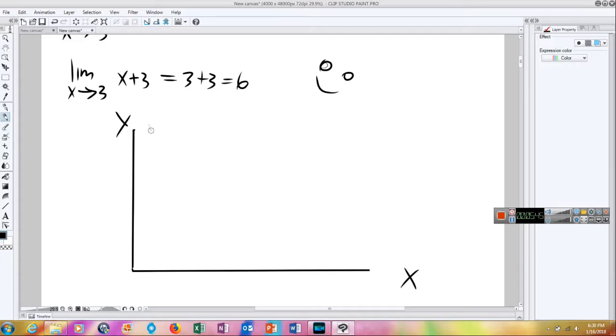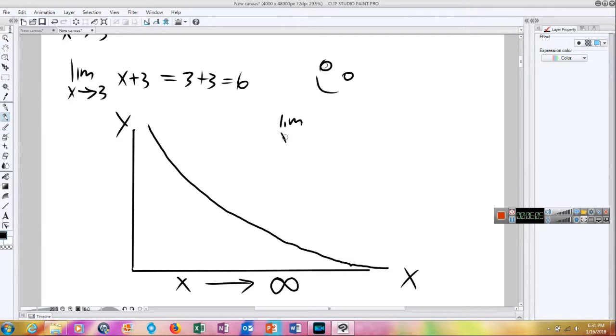So basically we have a bunch of points on this graph and they're approaching, but it doesn't get there. It never touches it, but it gets really close the further along you go. Where x is approaching infinity, let's just say we have a limit where x tends to infinity of 1 over x squared is equal to 0.